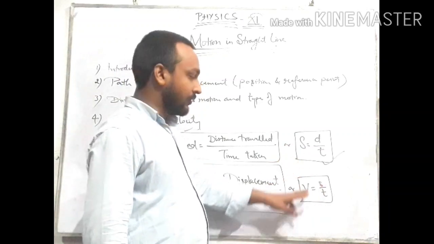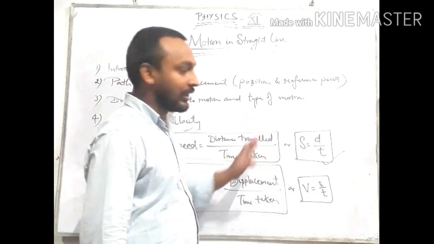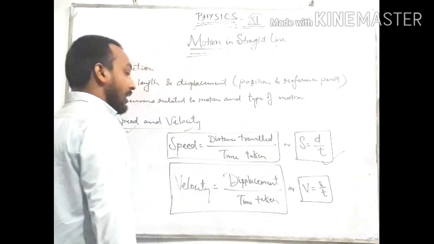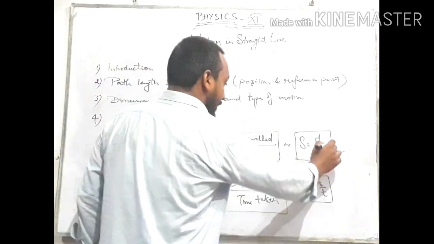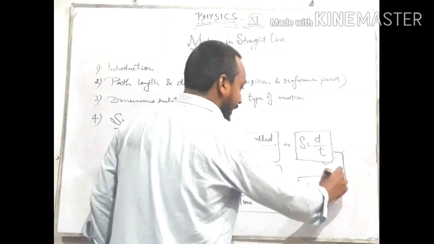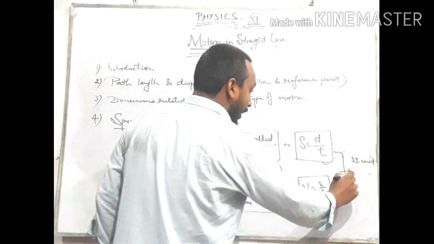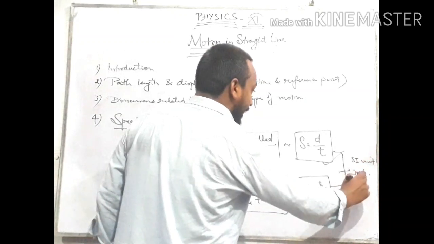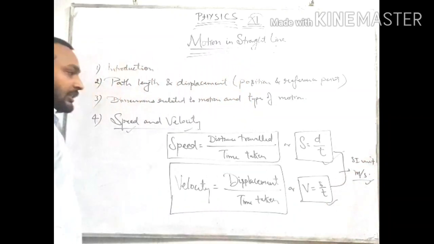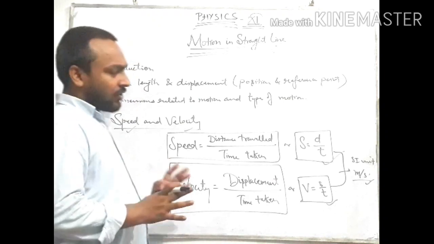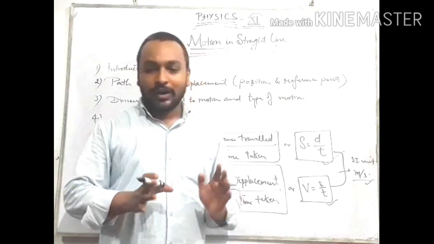You should not confuse displacement and speed in their denotation. In both cases units will be the same, and you know well that the SI unit is meter per second. This is the SI unit of speed and velocity.